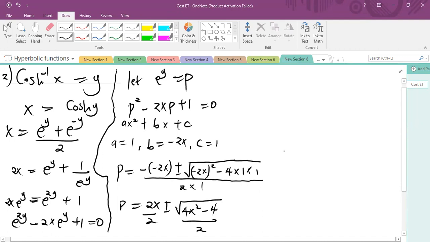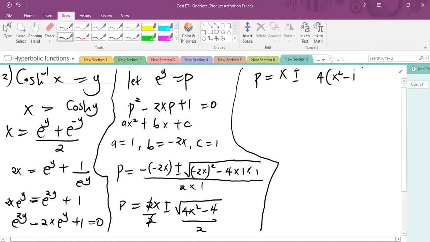So inside the square root sign here, we can factor out 4. So we have our p being equal to this. That can cancel out. We have x plus minus 4 into x squared minus 1, the square root of that, all this divided by 2.